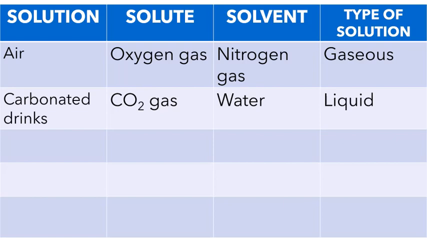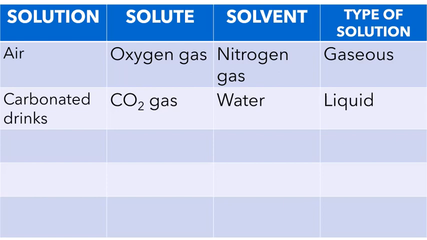So, why gaseous? Remember that the type of solution depends upon the state of matter of the solvent. So, since the nitrogen gas there is the solvent and it is gas in state, therefore, the type of solution is gaseous.